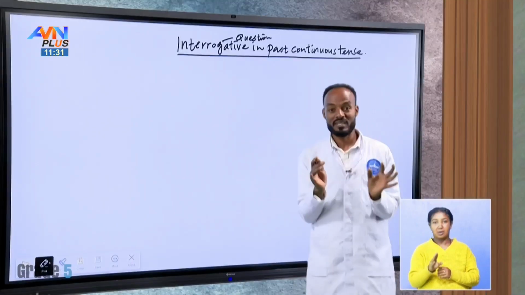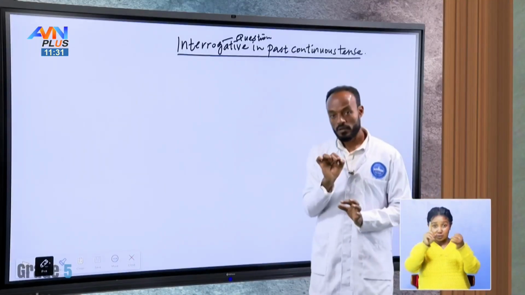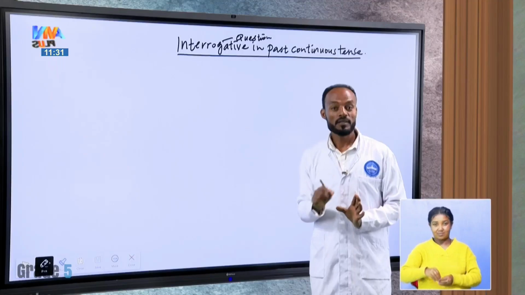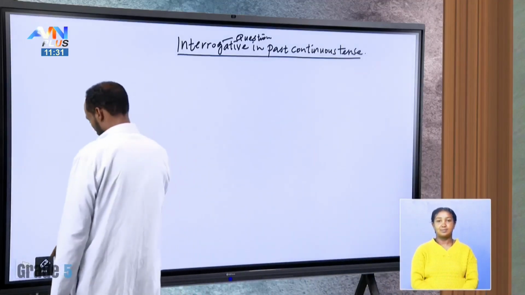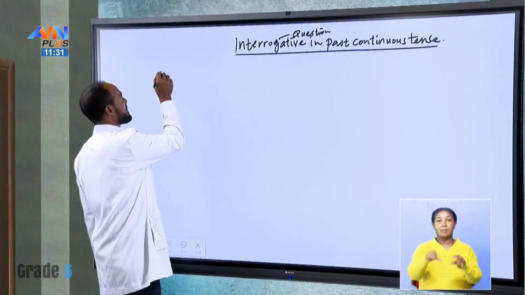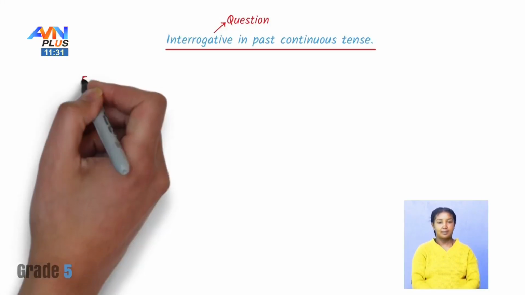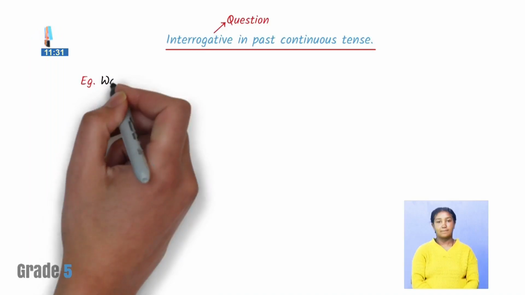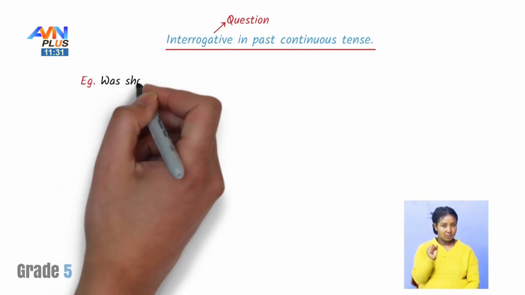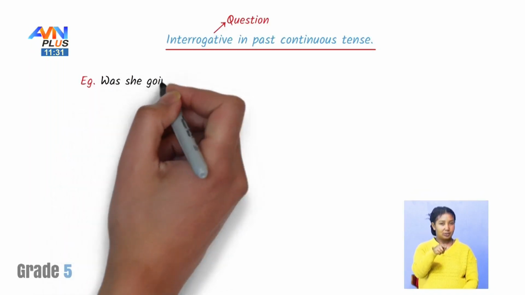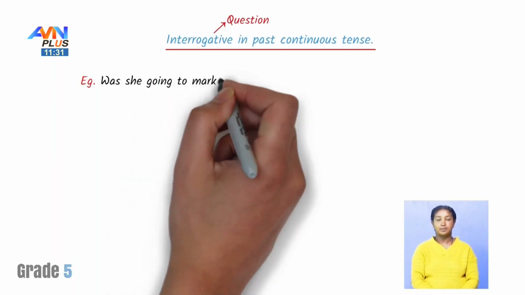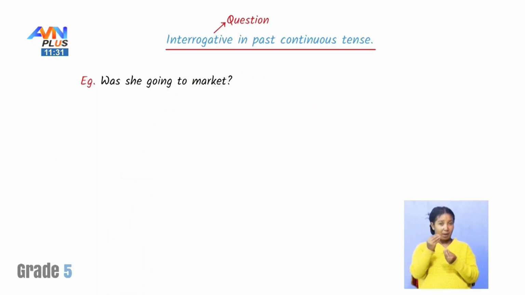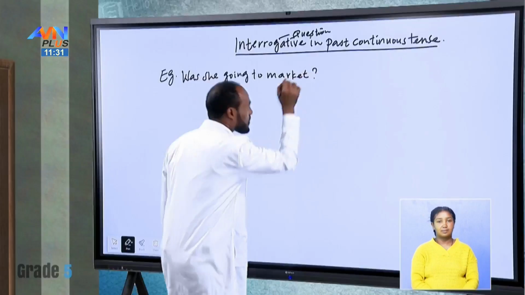Just at the end of such kinds of sentences, we have to use a question mark. Am I right? Bravo. Come on, students. Okay. Let me give you some examples of interrogative sentences. Example. Was she going to market? Question mark.